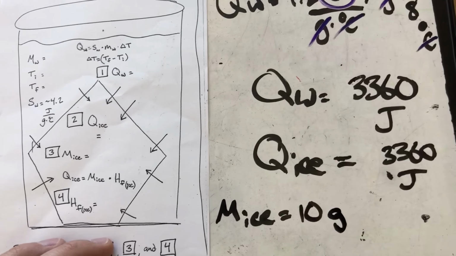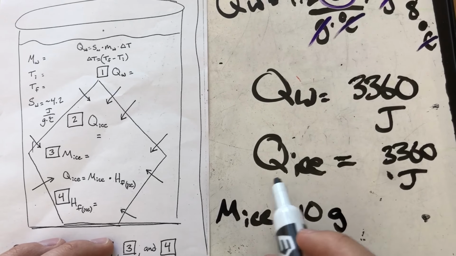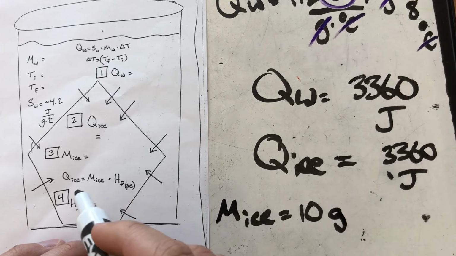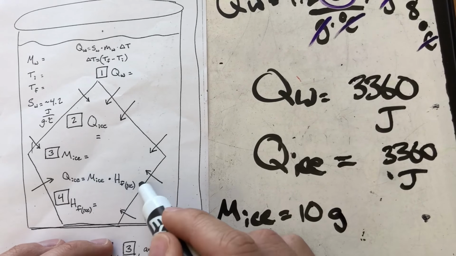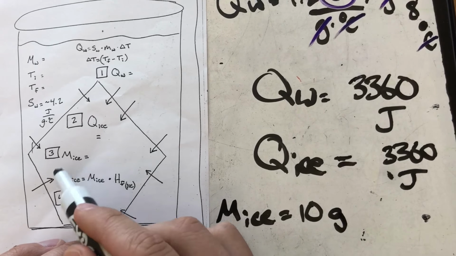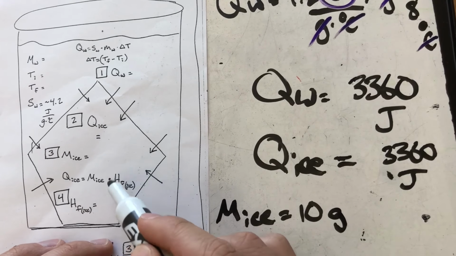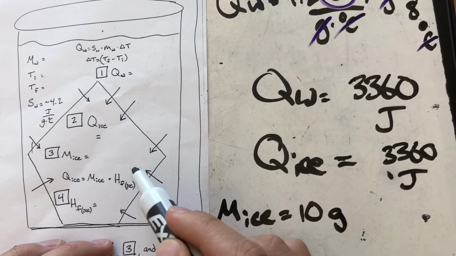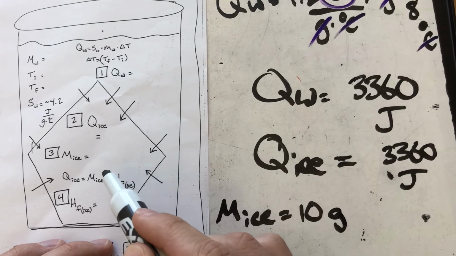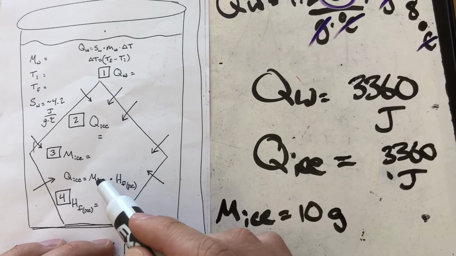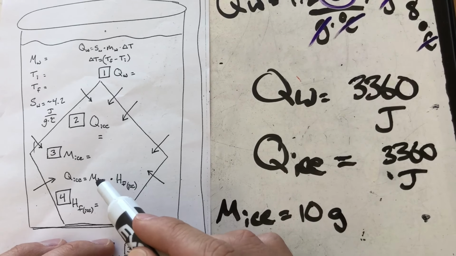Okay, so if the mass of ice is 10 grams, and we know that the Q of ice, so the heat that went into the ice, is 3360 joules, then we just use this process. This shows that the heat that goes into the ice is a function of this property, heat of fusion, which is basically saying how much energy is required to fully melt 1 gram of ice, and then we multiply it by the grams because grams matter in this case.